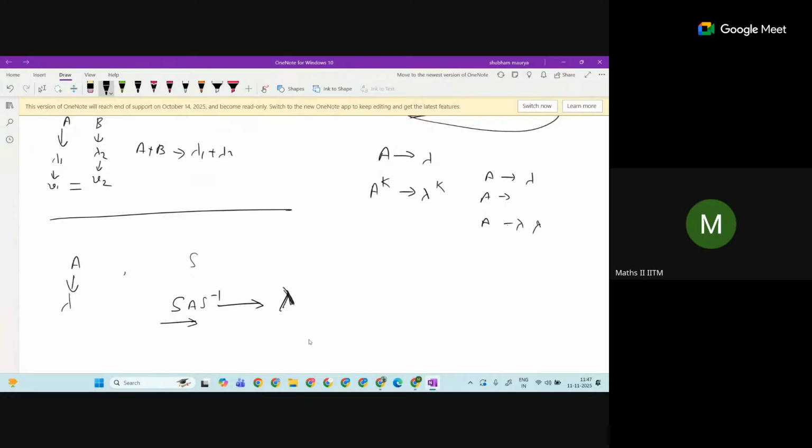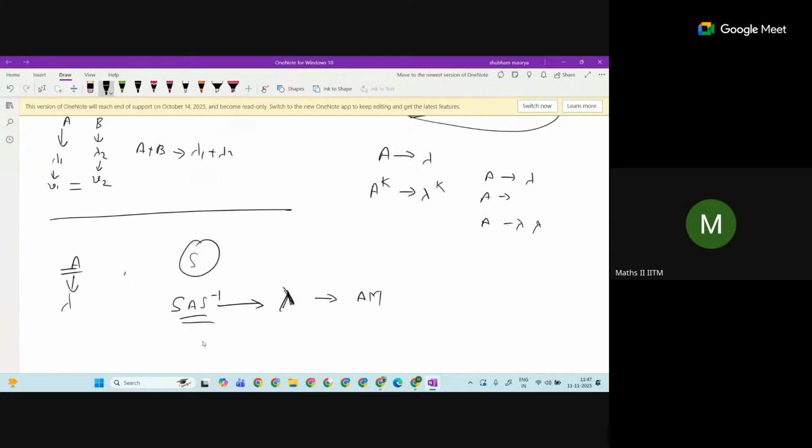It is not affected by S. The eigenvalues are the same, with the algebraic multiplicity also the same. AM is also the same for A and this one.